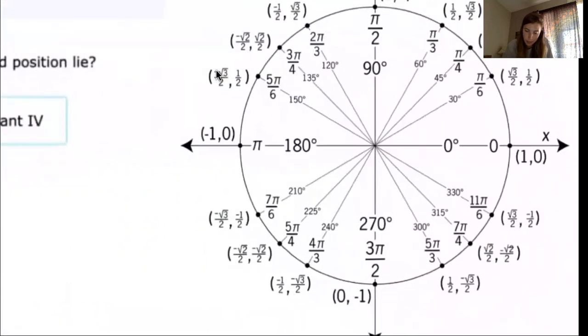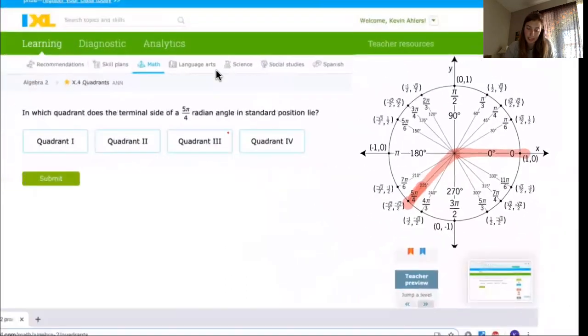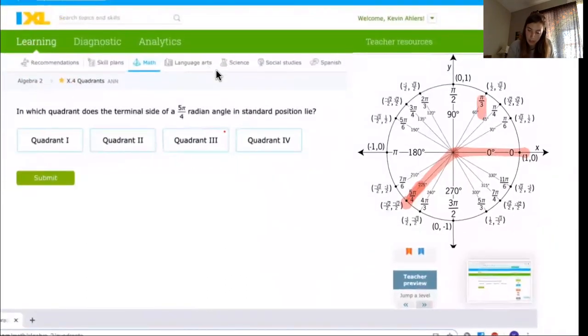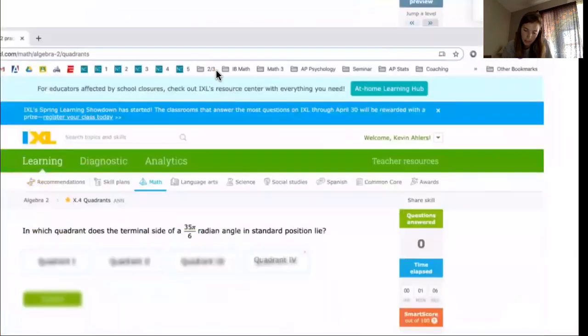There it is, there's 5 pi over 4 on my unit circle. Which quadrant is that in? That's 1, 2, 3, 4. So it's in quadrant 3. So you just have to find where that radian is on your unit circle. I recommend using the unit circle. You can find it on the internet.